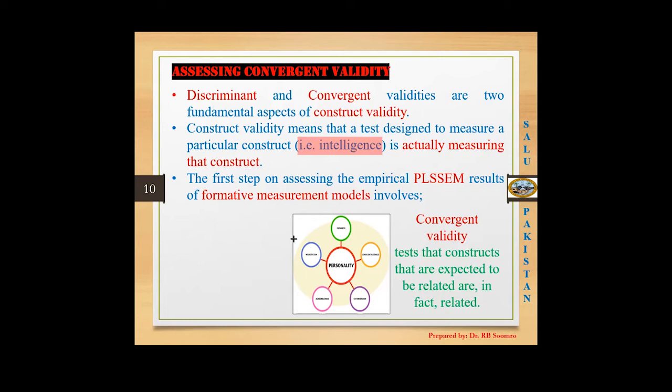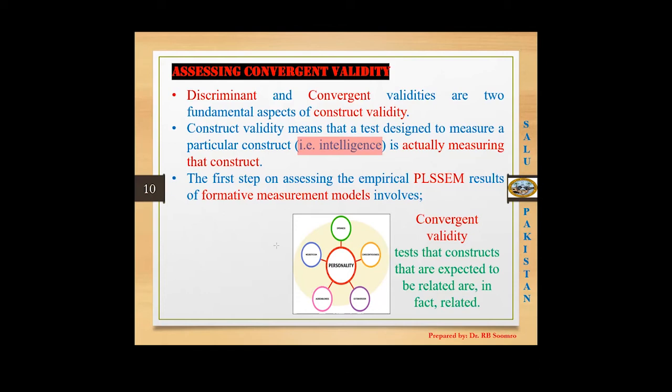For example, here our construct is personality, and there are five indicators. Are you sure that all of these, like openness, consciousness, neuroticism, and the two others, are measuring personality or not? If they are measuring personality, that means the construct validity is intact. If not, then the construct is not validated. It's not a valid one.